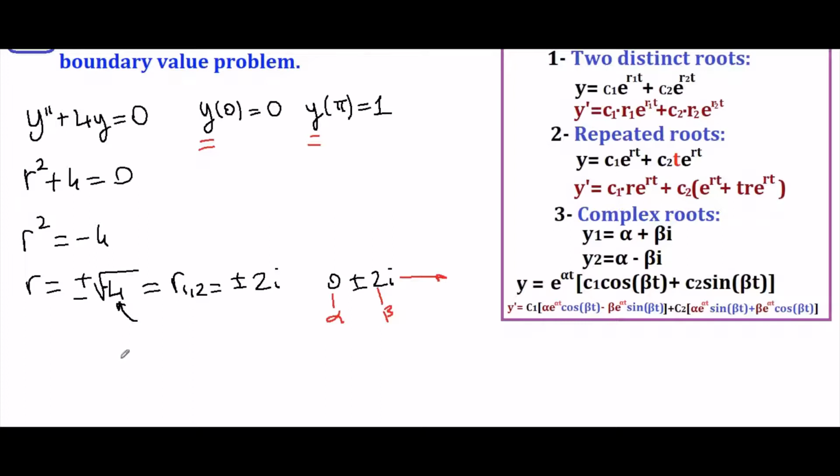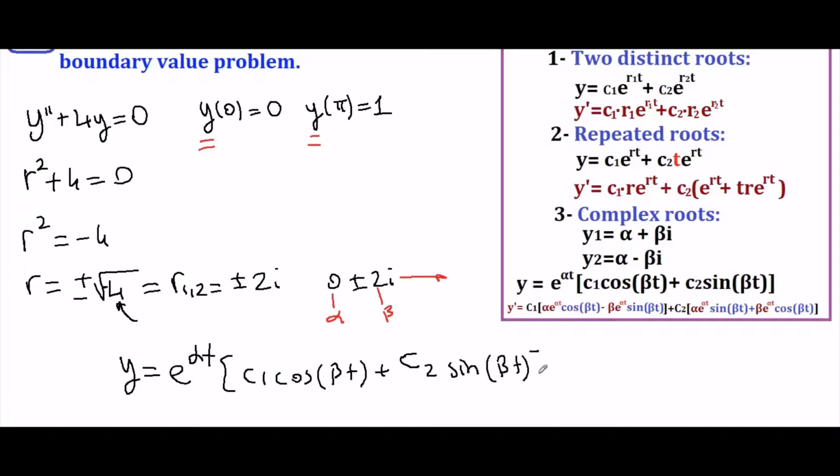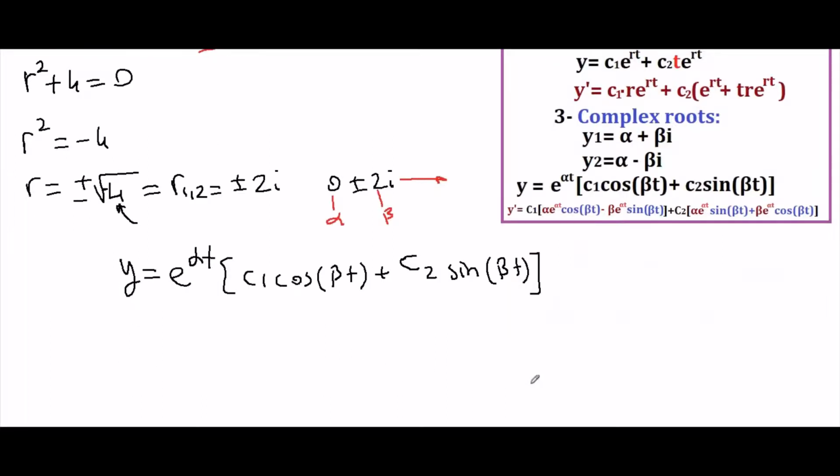So our general solution is y equals e to the alpha t times c1 cosine of beta t plus c2 sine of beta t. Our first initial condition given is y of 0 equals 0. So this is 0, and wherever we see t it is 0.